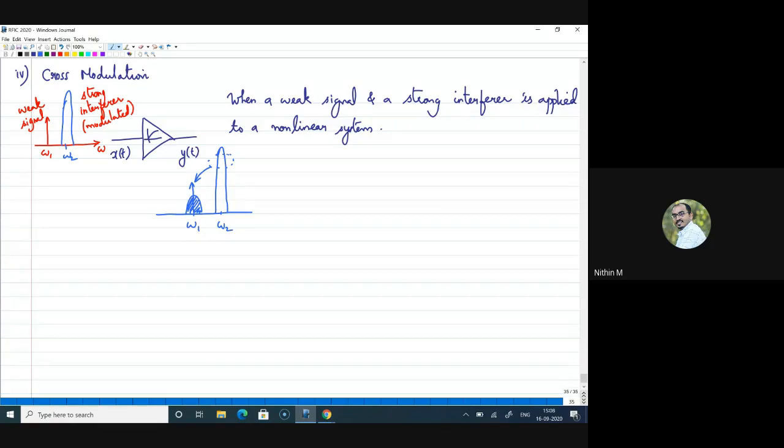Again, to understand this, I'll take the help of the equations we have written before. Since I have two signals, I'll write y of t as alpha 1 plus 3 by 2 alpha 3 a2 square, into a1 cos omega t, neglecting the a1 cube term, as in the previous class.